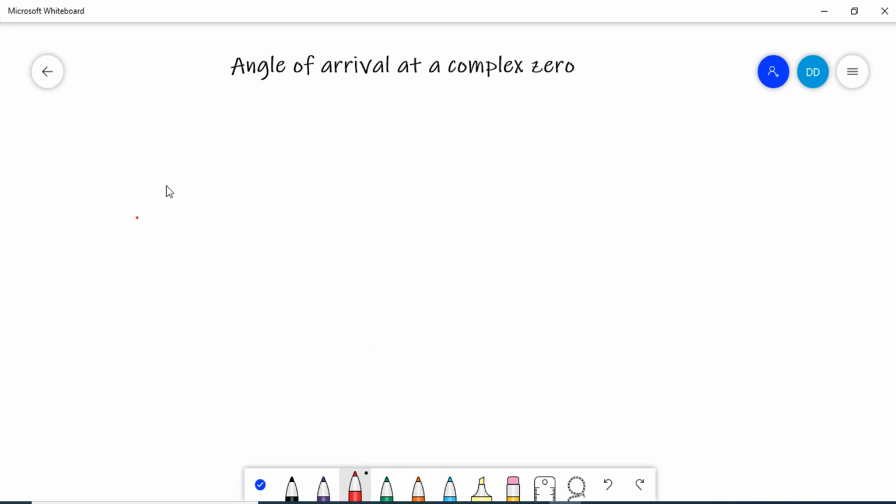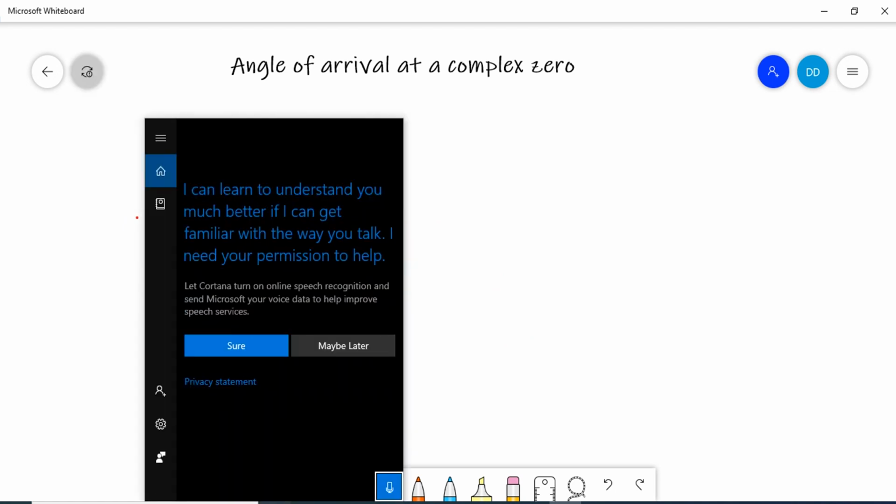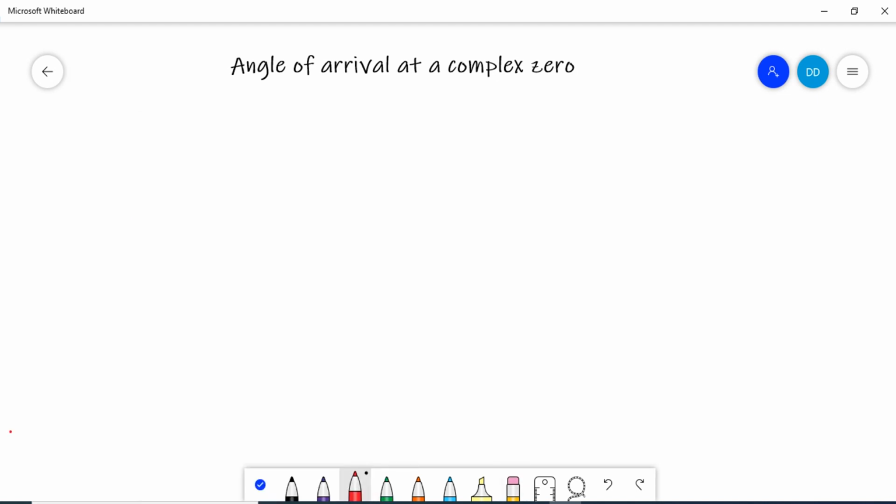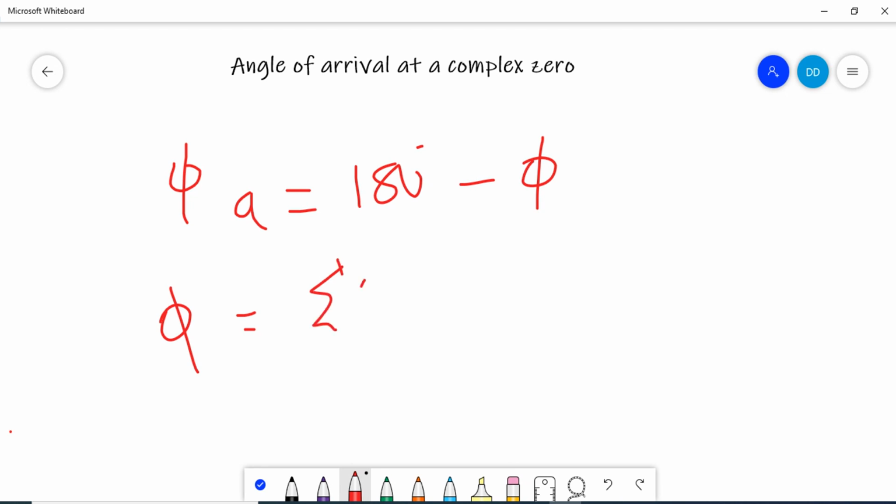So the angle of arrival at a complex zero is given by phi A is equal to 180 degrees minus phi, where phi is the angle made by the zeros minus the summation of angles made by the poles.